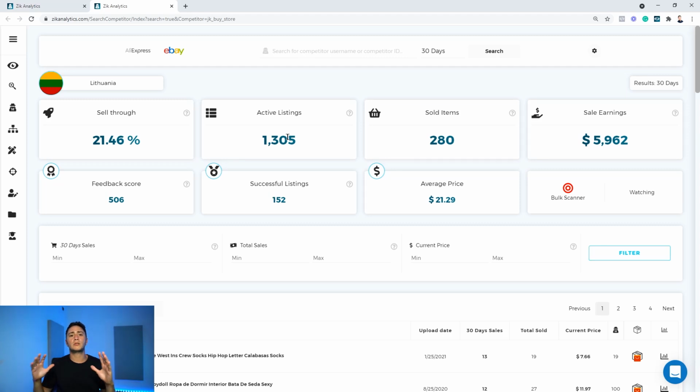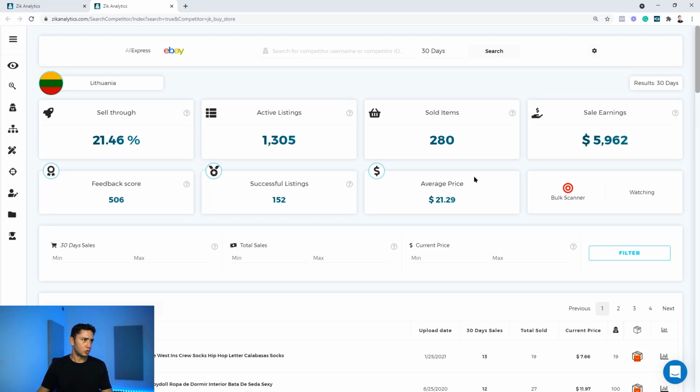And of course, we want to aim for a sell-through rate of 100% or more, but here it's a great case study to show you how even a seller with a 21% sell-through rate can be profitable. So eventually, what is really important is the revenue and how much profit, what is the average profit we're making.